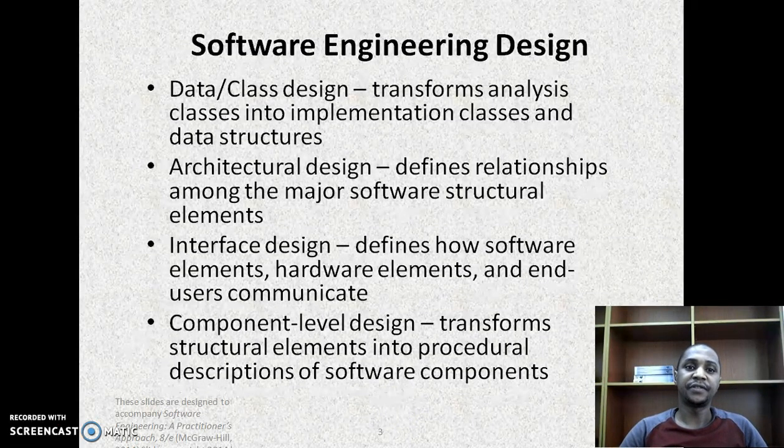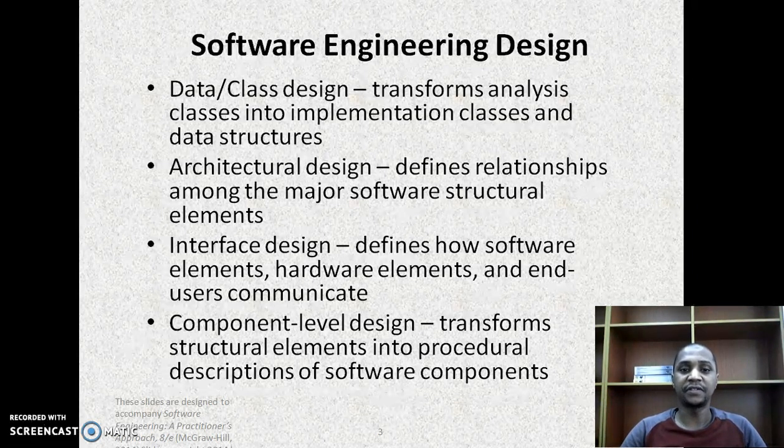So, software engineering design. In software engineering design, we have the following. We have data or class design, which transforms analysis classes into implementation classes and data structures. And we have architectural design. This design defines relationships among the major software structural elements.